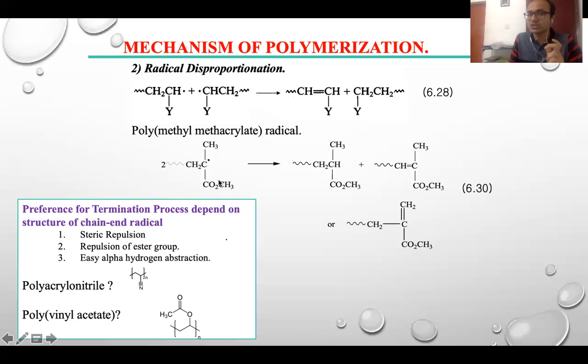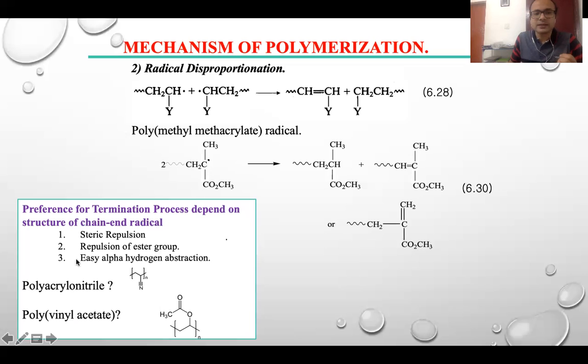Such a sterically crowded radical won't undergo radical combination, because it would be highly hindered; if another head comes and joins here, there would be too much steric hindrance. So whenever there are sterically bulky groups at the growing radical end, they won't usually undergo radical combination, but rather they will prefer to undergo a disproportionation reaction.